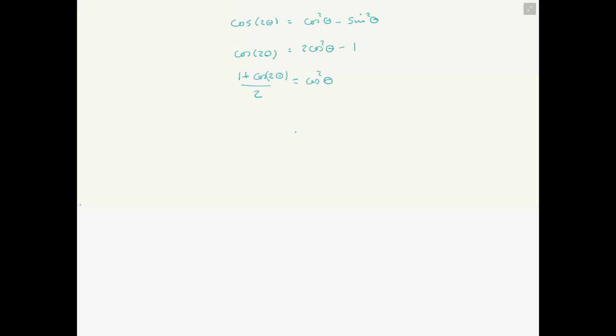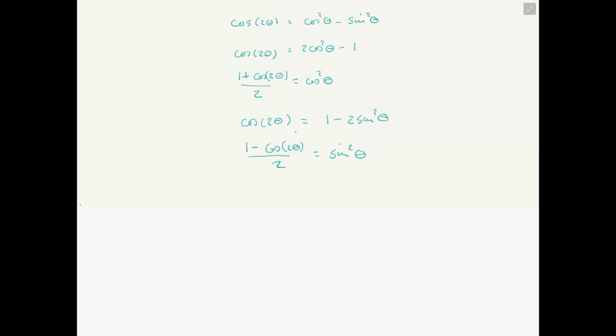Or we would have cosine 2 theta equals 1 minus 2 sine squared theta. And so we have 1 minus cosine 2 theta on 2, and that would equal sine squared theta.